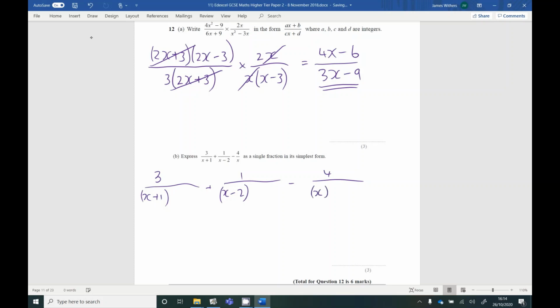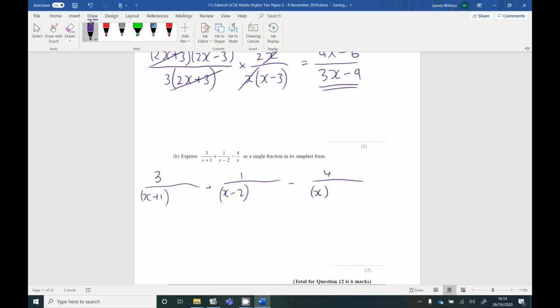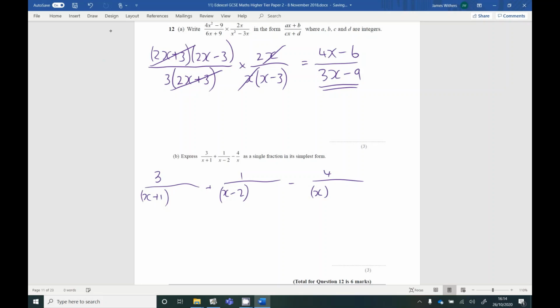Now I'm going to need to have a common denominator throughout of x plus 1, x minus 2 and x. So with this first term I'm going to need to have an x minus 2 and an additional x. So clearly if I've done that to the denominator, I have to do that to the numerator as well.